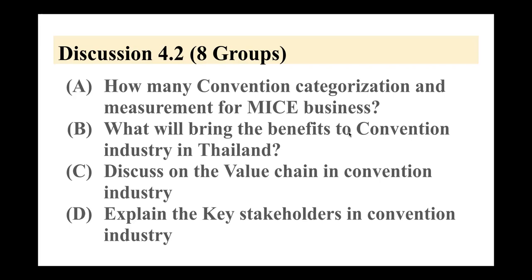For government support, the Thai government has expressed support for the convention industry, providing funding and tax incentives for companies to host events in the country. 5. Experienced service providers.